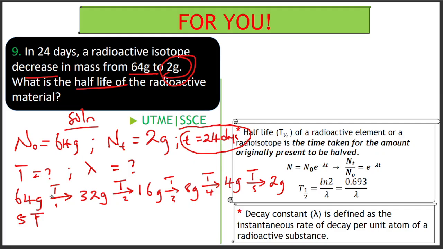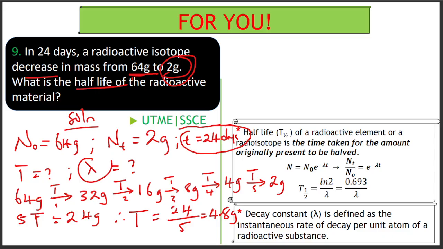Considering this is the time it took to go from 64 to 2 grams, the 5 half-lives will be equal to the 24 days, so that 1 half-life will now become 24 divided by 5, which will give you 4.8 days. Okay, so that's the answer, because we are asked to find the half-life, so we don't need to find the decay constant.